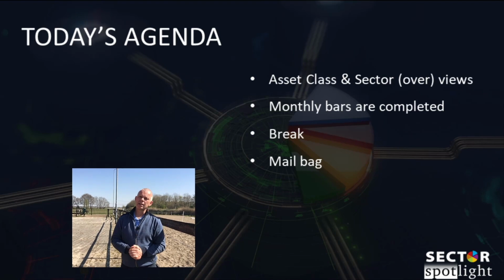After the break, I will take a look at a question that came in, and the question basically is, can you use RRGs to monitor mutual funds? The short answer is yes, but we'll dive into that later on. So right now let's get started with the overview of asset classes.